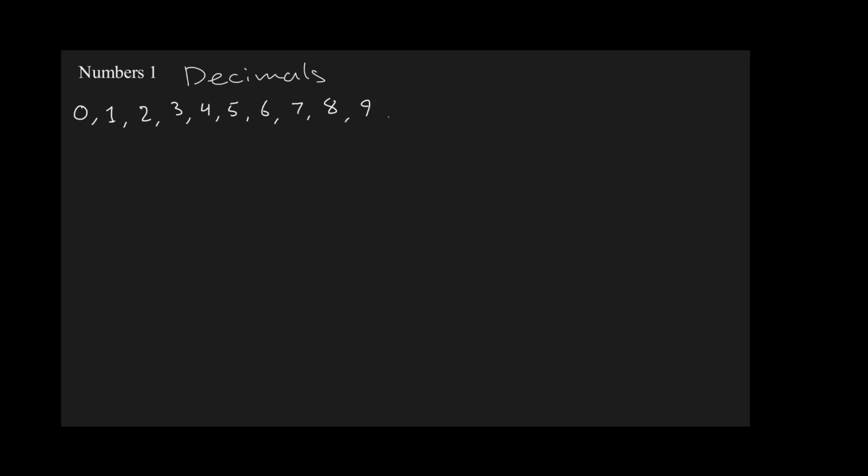You're probably used to these ones. So these are actually called Arabic numerals. These are completely different from Roman numerals, which are, I'm sure you know, something like I, or something like IV. But basically what a decimal does is it shows the fraction, but in terms of the place value system.